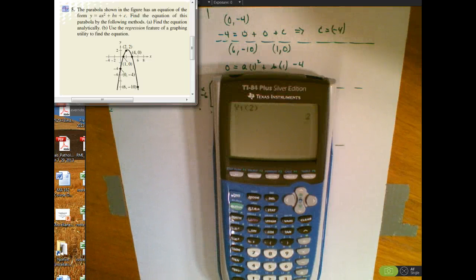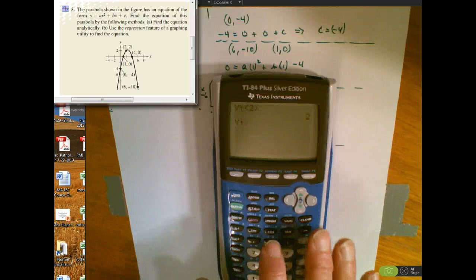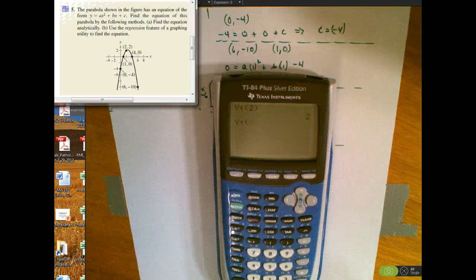Let's also check the point (4, 0). I will hit Vars, Y-Vars, 1, 1, and put in the x value of 4 to see what the corresponding y is. Our calculator gives us 7.2 times 10 to the minus 2, which is pretty much 0. So our question is, maybe (4, 0) is not on it.